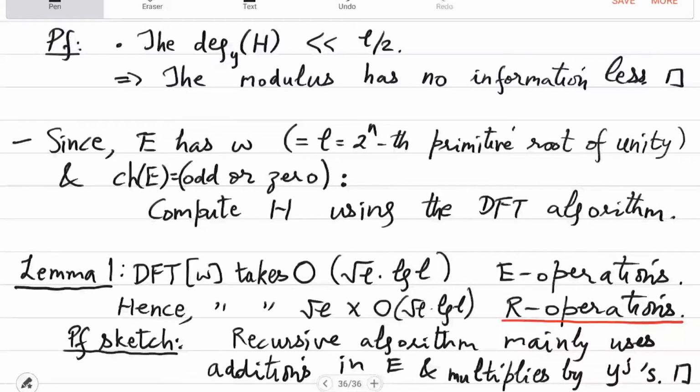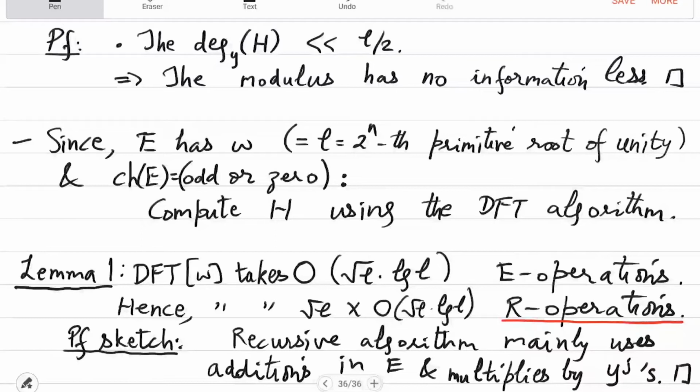So multiplications are very simple, and everything else is addition in the recursive algorithm. You just have to multiply by a linear factor square root L. So that is the DFT omega part.